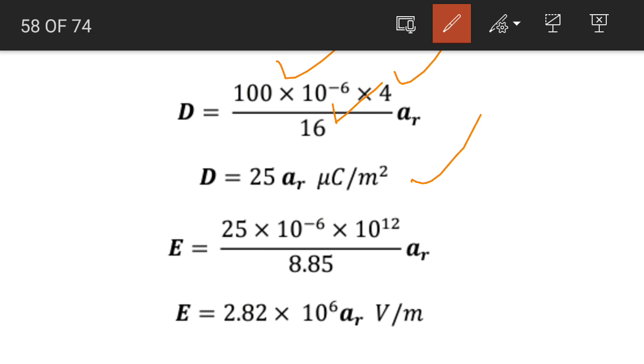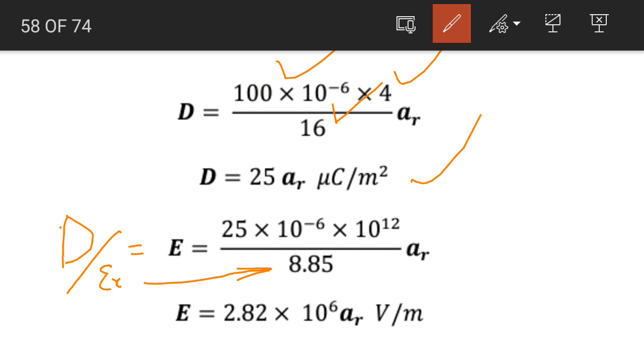Then we calculate the electric field intensity, and we know that the electric field intensity will be equal to d by epsilon naught. As we are in free space, d by epsilon naught will give you the electric field intensity, and epsilon naught is 8.85 into 10 raised to power minus 12.